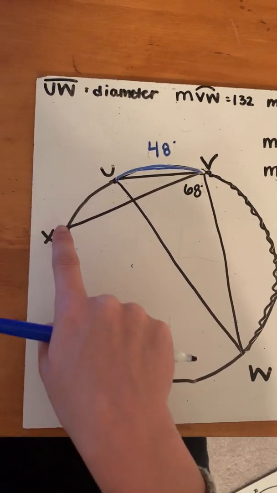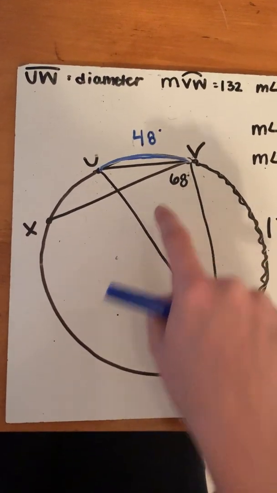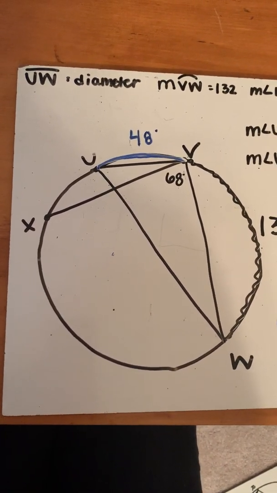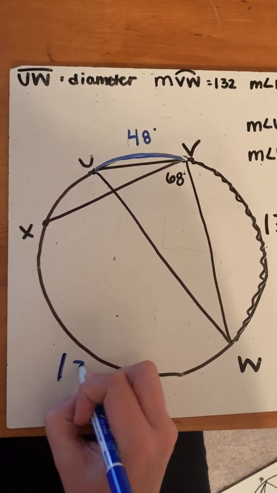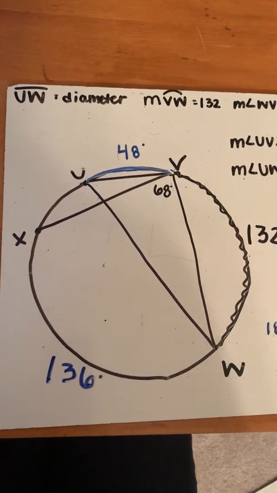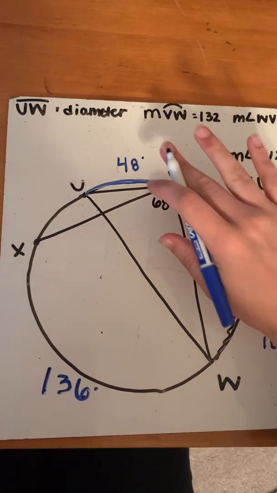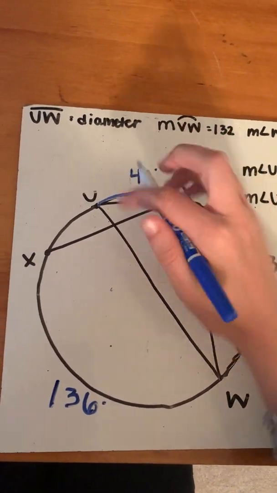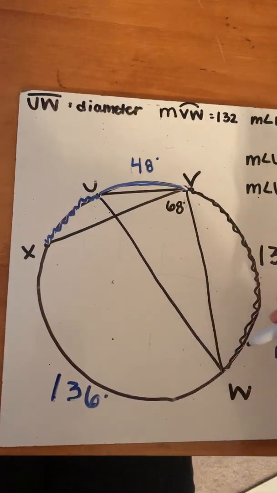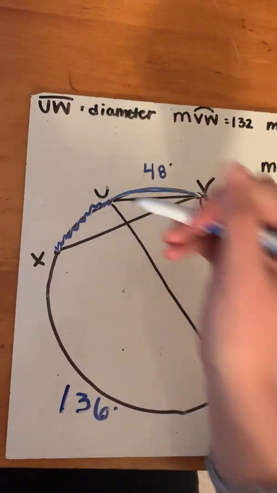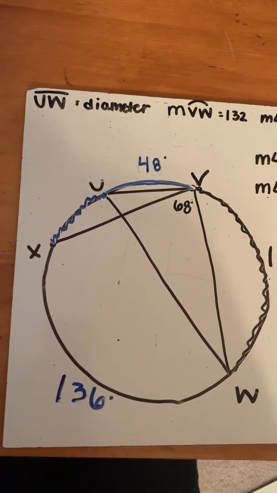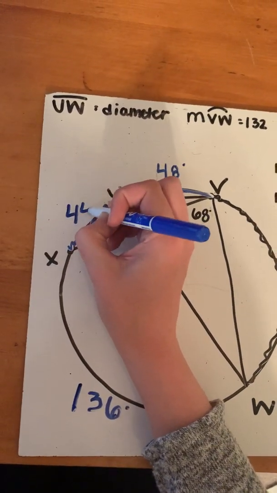To find how big this arc is, we're going to double it. 68 times 2 is 136. Again, this half of the circle is a semicircle, so we can find XU. A semicircle adds up to 180, so 180 minus 136 gets 44 degrees.